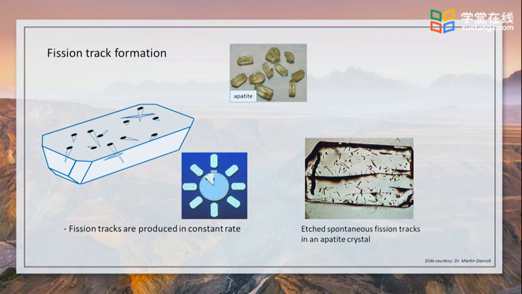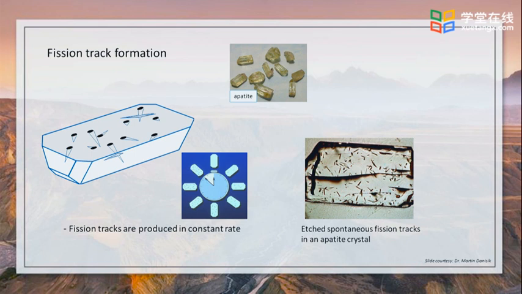In order to be useful as a dating method, there needs to be a sufficient concentration of the parent, for example, uranium-238, to produce a detectable number of fission events. On the other hand, too high a concentration of uranium-238 can result in so much fission-induced damage that it's not possible to distinguish individual tracks.